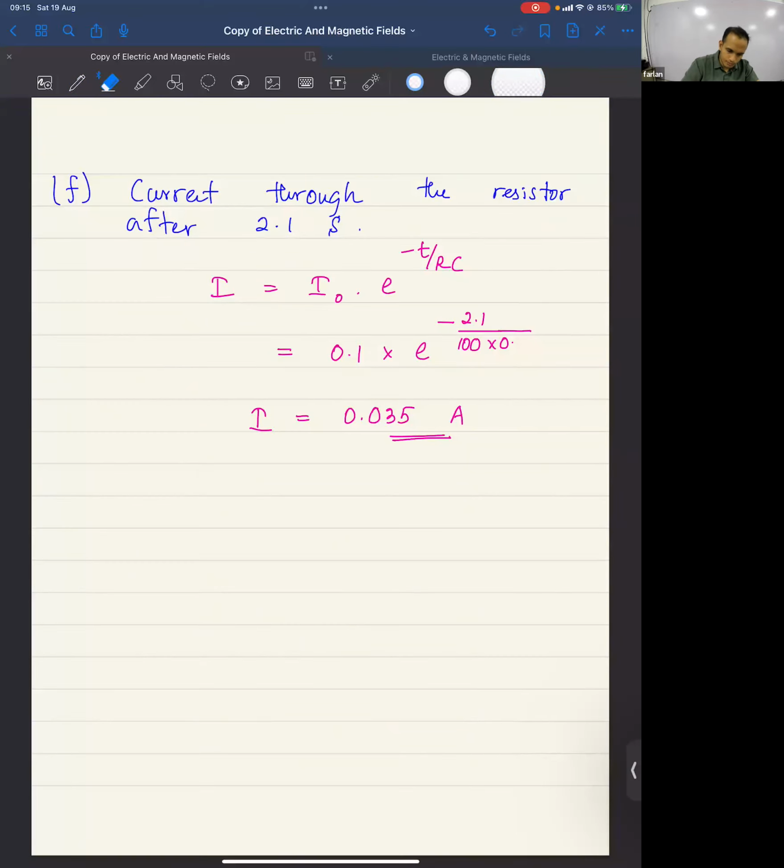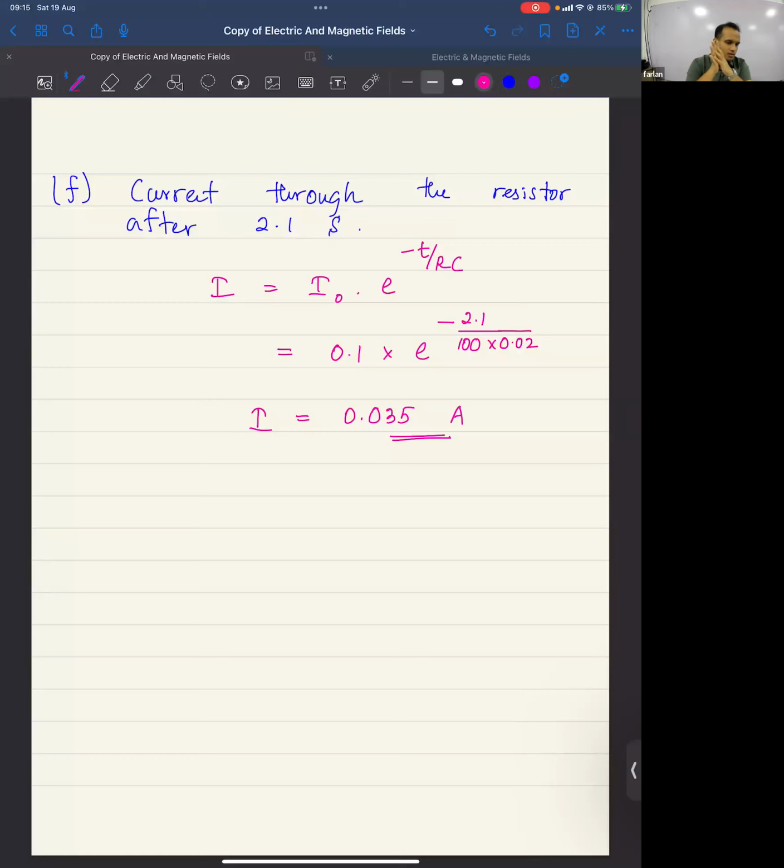Oh. Correct, but I have taken 0.02 in the calculator. Okay, now? Any questions?